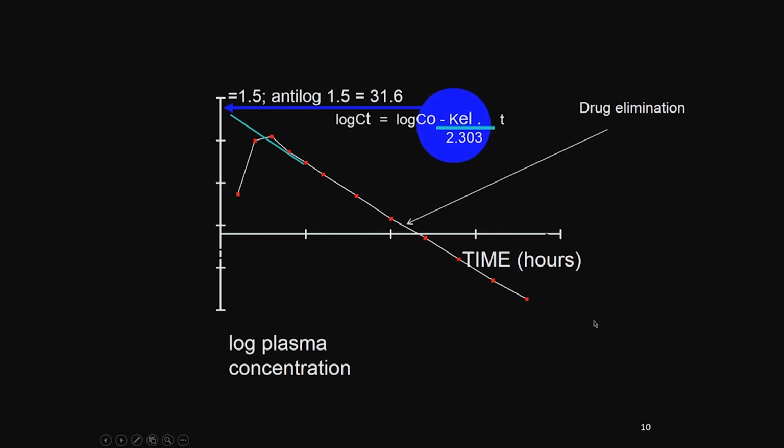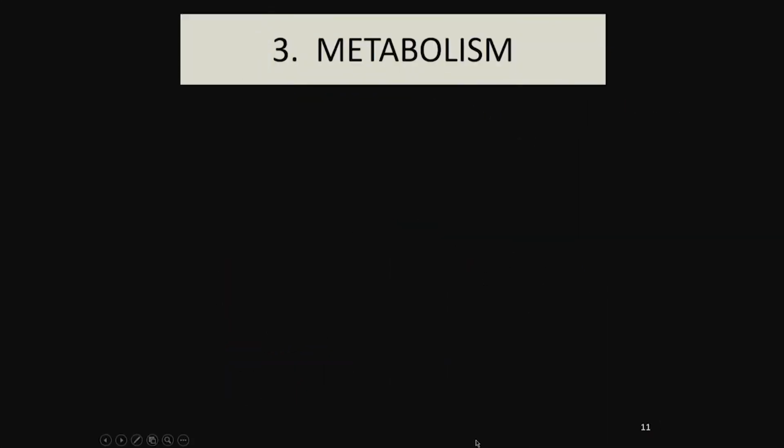This is a negative slope because it is falling down. So here the axis is logarithmic. So when you take this and take an anti-logarithm, you get the C naught. Okay, so the distribution is a big pot where the drug goes and it gets diluted.